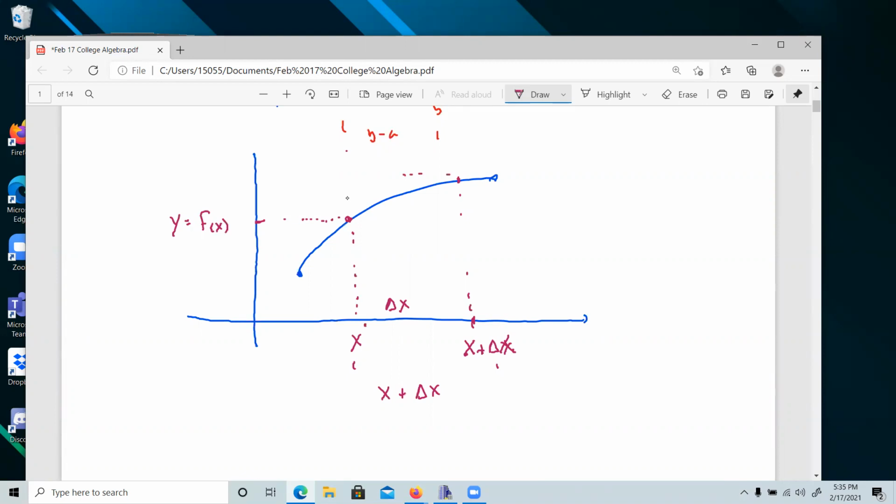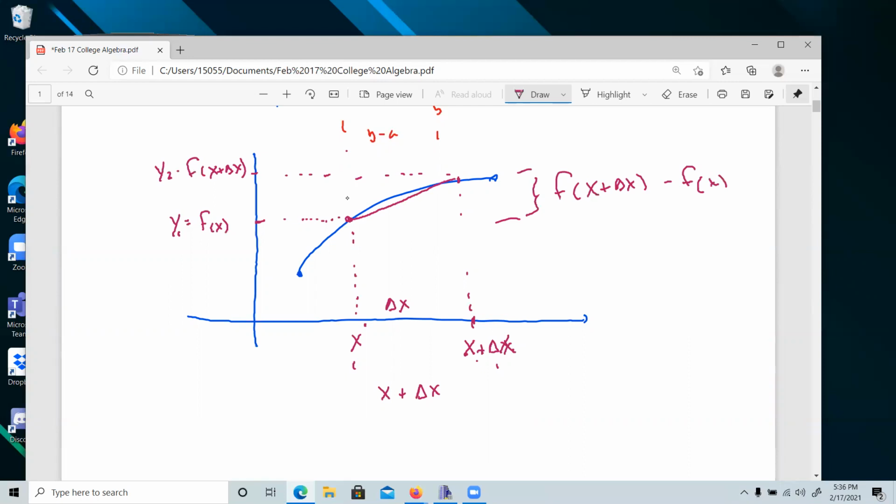And then up here, this is where it's going to get tricky. This is going to be this y value here. We'll say y1 and y2. This is f of x plus delta x. Then we're going to figure out the distance here, which is f of x plus delta x minus f of x.